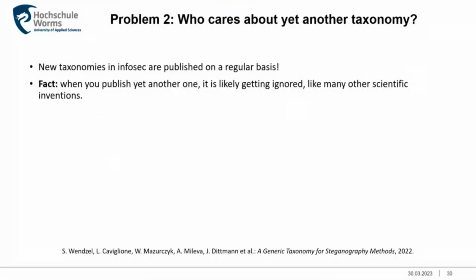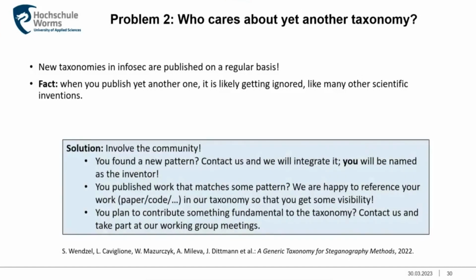The next one is, who cares about another taxonomy? As mentioned, they are published on a regular basis. People forget them. So the idea is to involve the community, to let people contribute patterns. If you have the amazing new idea, you are maybe the creator of the next pattern, and then the community will associate you with that. Also, we cite work.